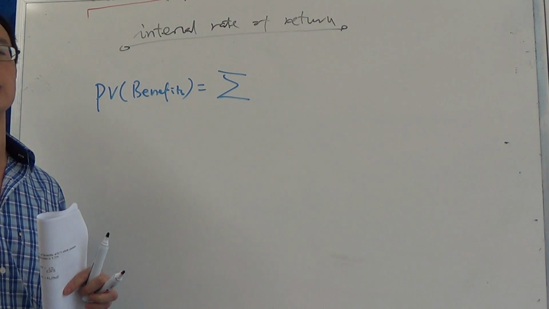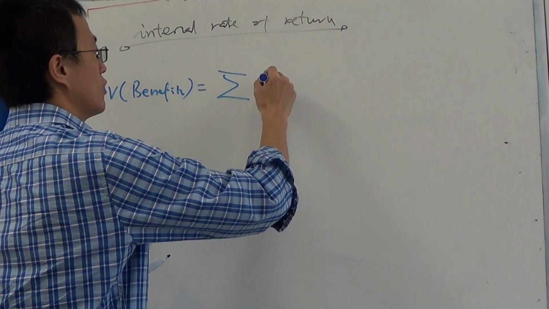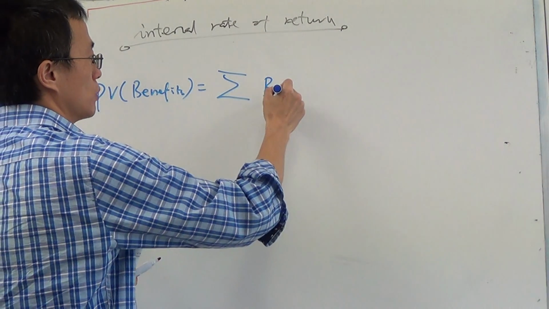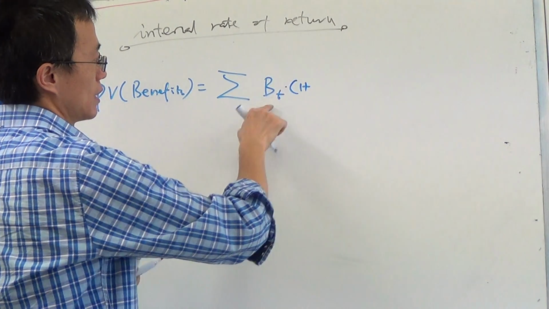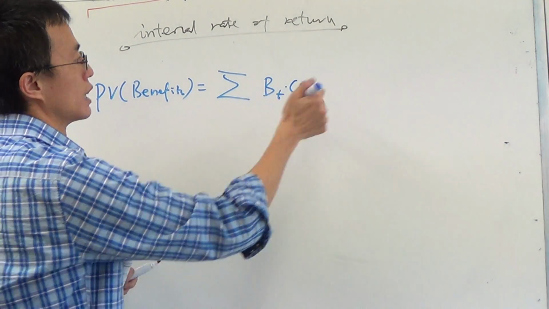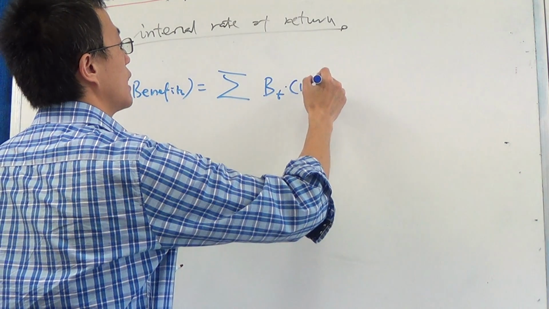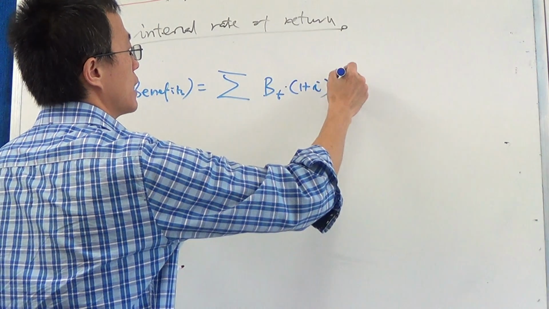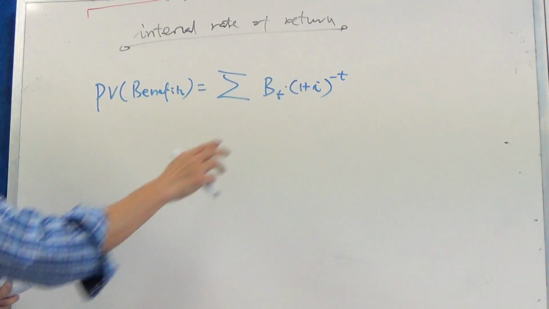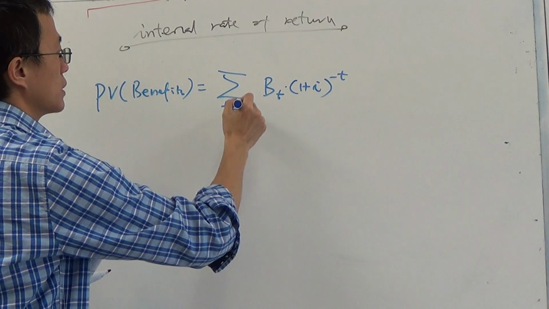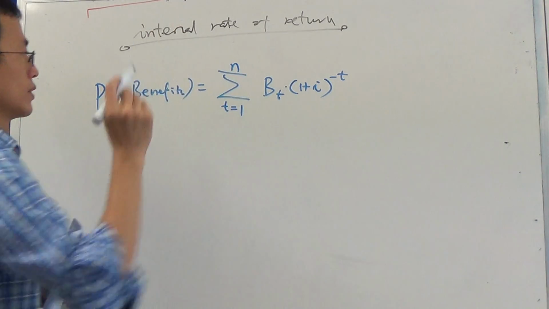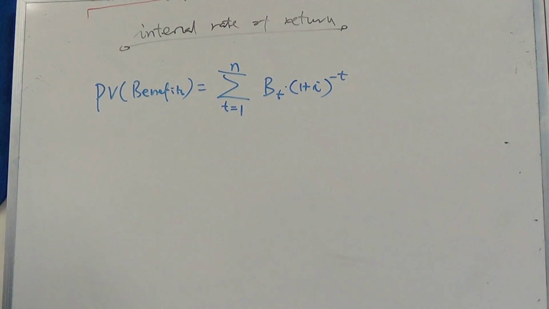Each year's benefit, let me denote B sub T, is discounted back, that's the benefit occurred in year T. So discounted back, I is the discount rate, to the power of minus T, okay. Then sum from year 1 to n. This project lasts for n years.